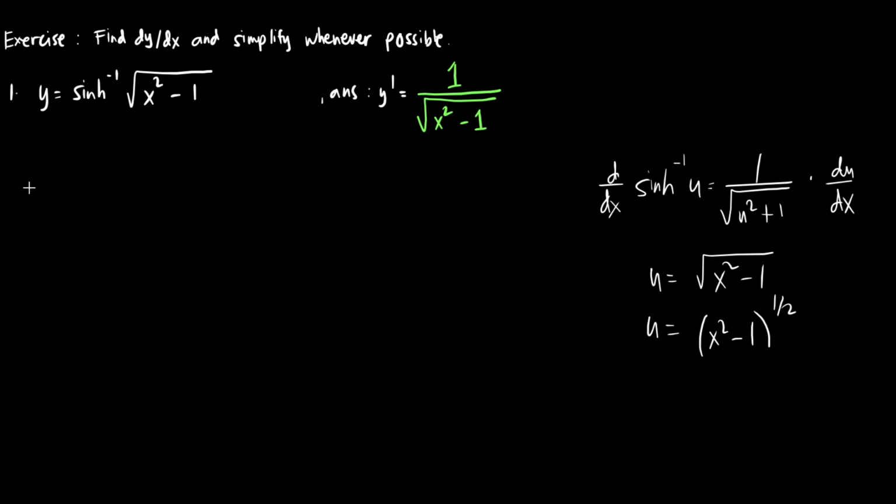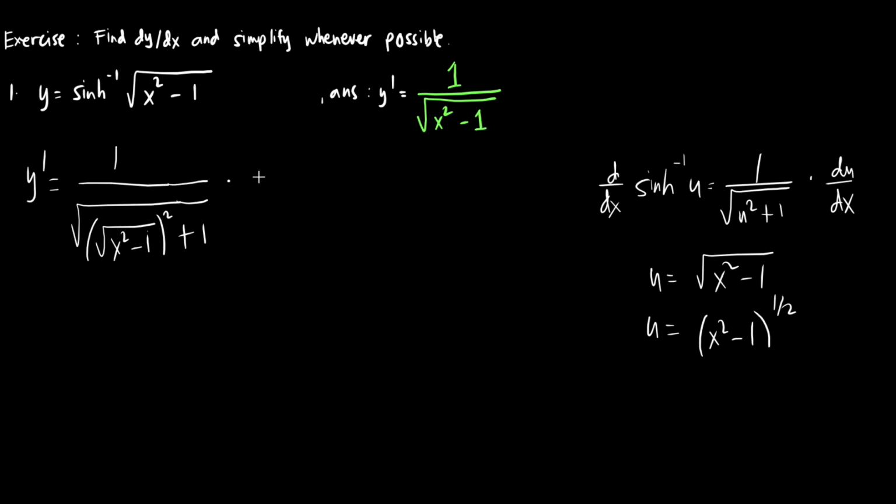So we'll start to differentiate. We have y prime. What is the derivative of hyperbolic arc sine of u? 1 over square root of u squared, so we have square root of x squared minus 1, squared, plus 1.